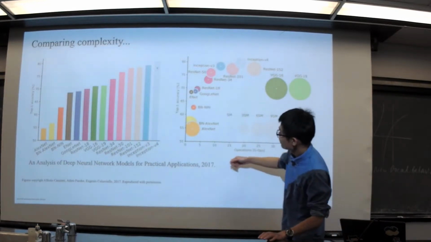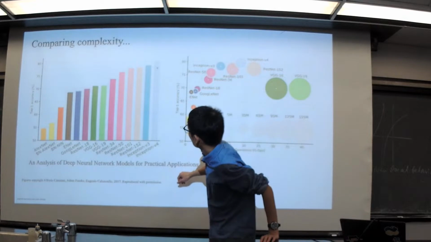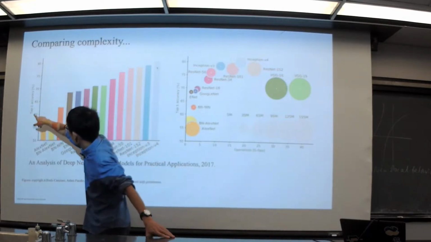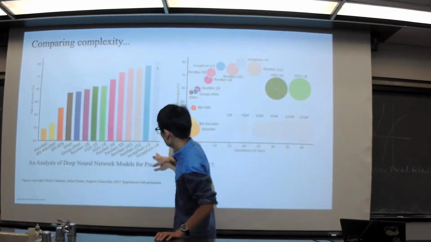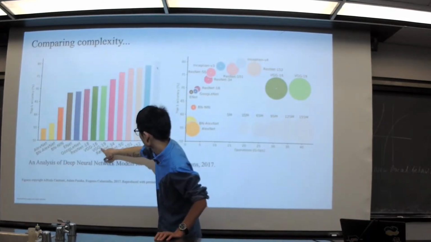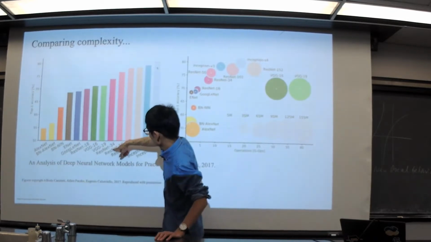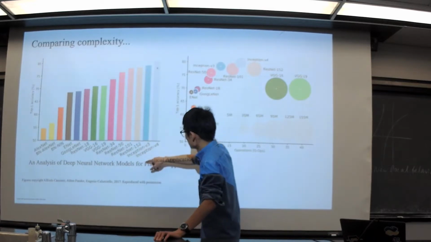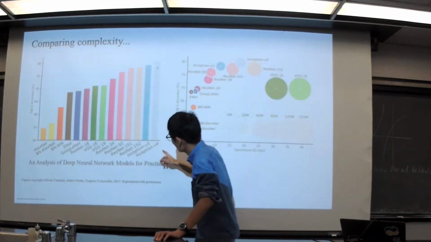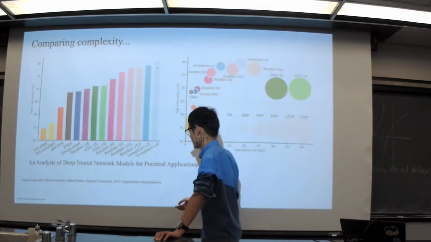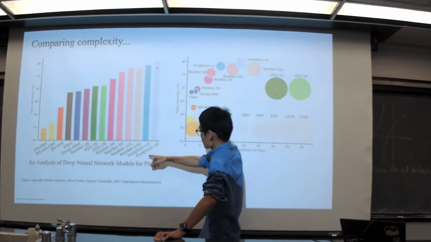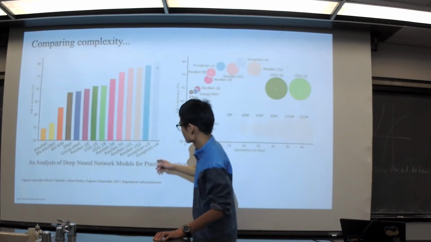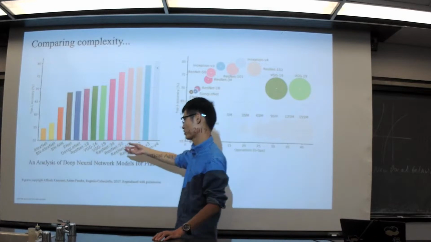Here's the comparison to the top 1 accuracy. ResNet here, as you can see, VGG, and ResNet 34, 50, 101, 152, and Inception V3 and V4, which is like GoogleNet plus ResNet. But we still prefer to use GoogleNet if we want a faster network.